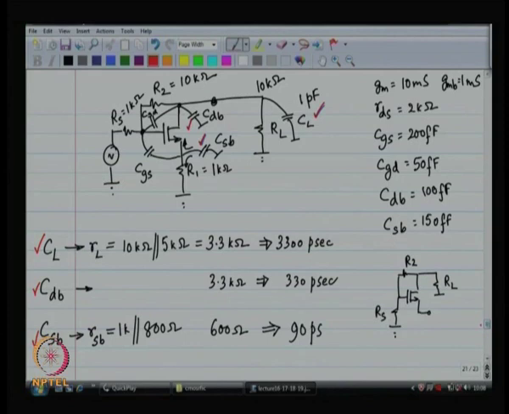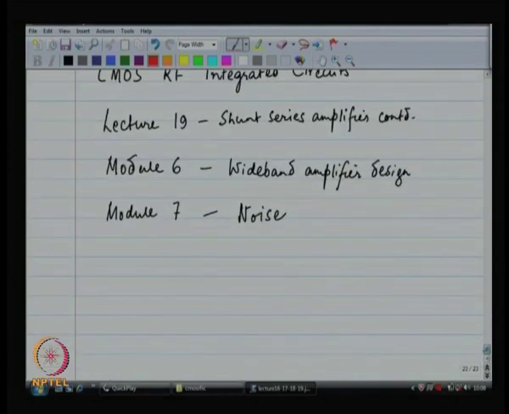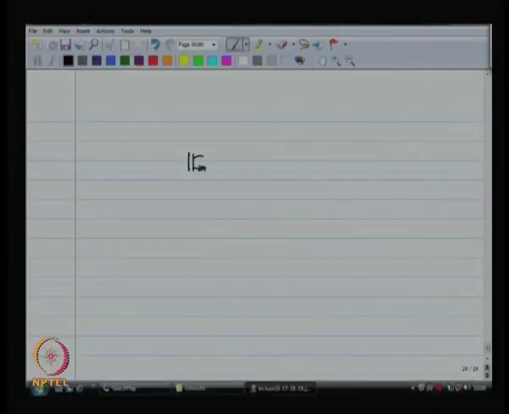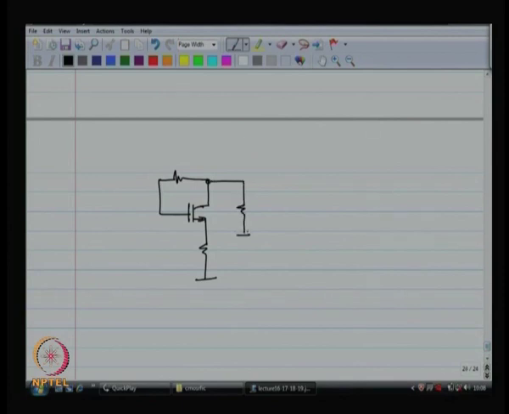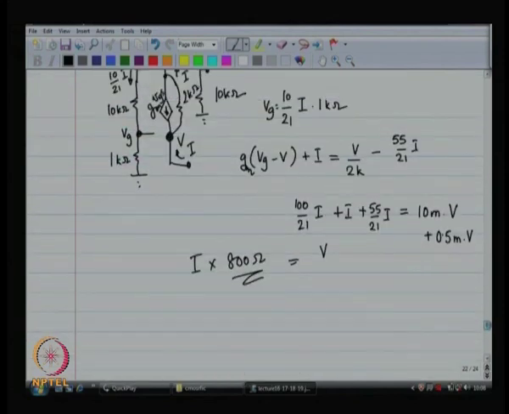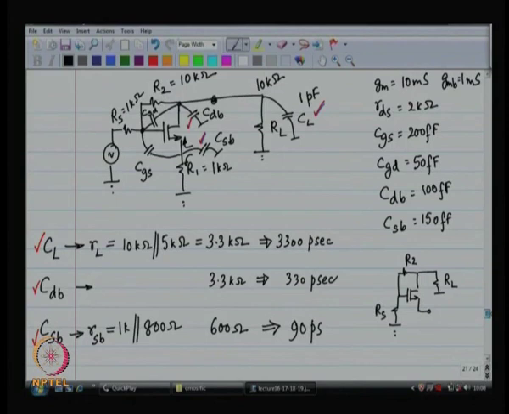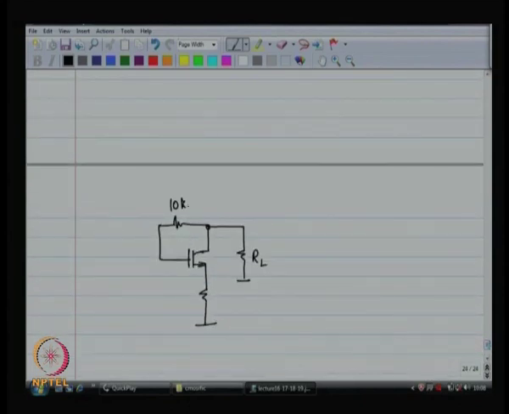So, CGS, C gate to source, so this was our situation, right.